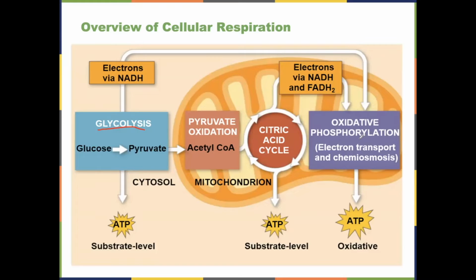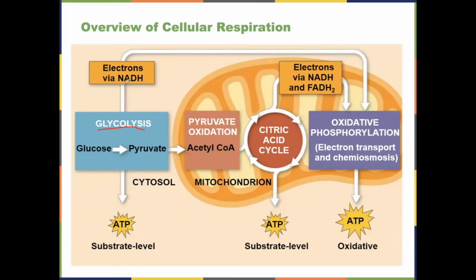If you take a look here at what's happening, remember that the overall goal of this process for the cell is to make ATP. And notice that in glycolysis, as well as the citric acid cycle, we actually make a small amount of ATP, again, through what is called substrate level phosphorylation. But that's actually not where the majority of the energy goes in these steps.